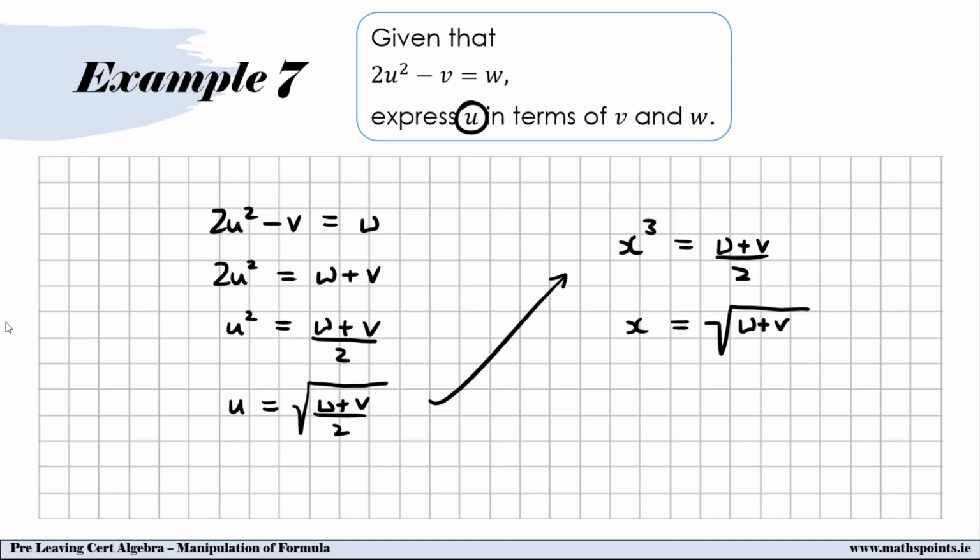And the way we write a cube root is we put a little 3 just at the top left of the surd there, like that. And you can do this with any power. So let's say we had y to the power of 5 was equal to w plus v over 2, and we're trying to get y by itself. Well, then that would be the fifth root. So if we got the fifth root of y to the power 5, we get y, and then we get the fifth root of w plus v over 2.